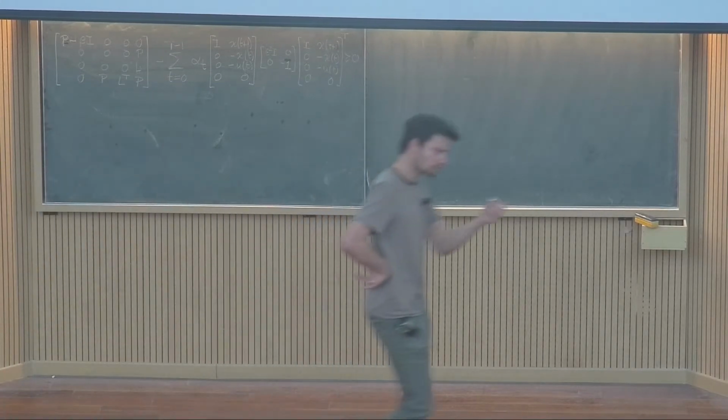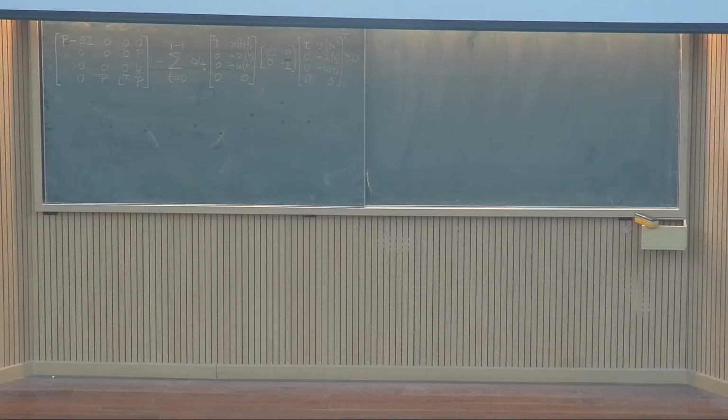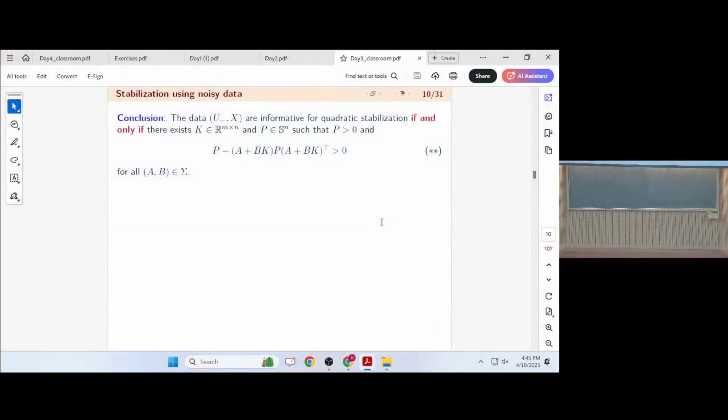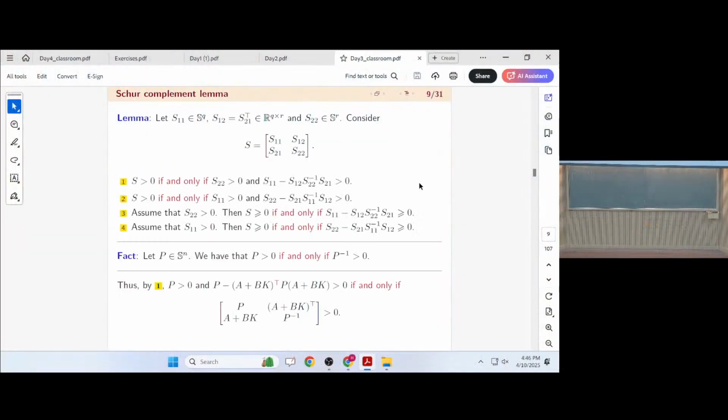Well, I want to remind you of one thing from the lectures. So we had this Schur complement lemma, the result over here. And I now want to apply that to our problem.